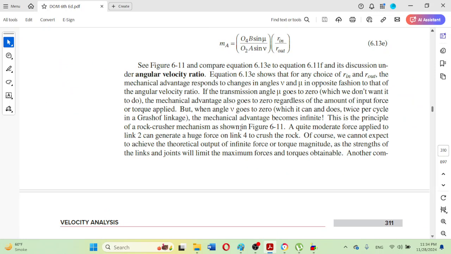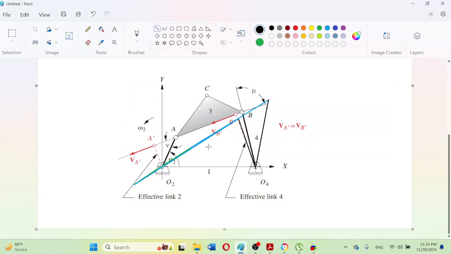In this equation, when angle V goes to 0, which it can and does twice per cycle, that means when the crank completes one complete 360 degree revolution, at the extended case the crank and coupler link will be collinear with each other, and the other will be the overlapping case when the connecting rod or coupler link will be overlapping this crank link.